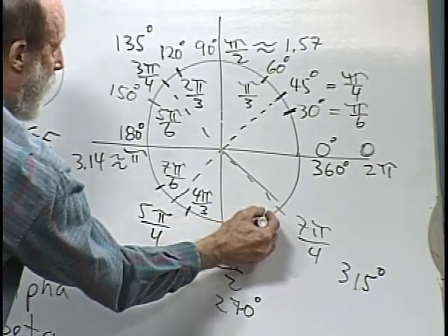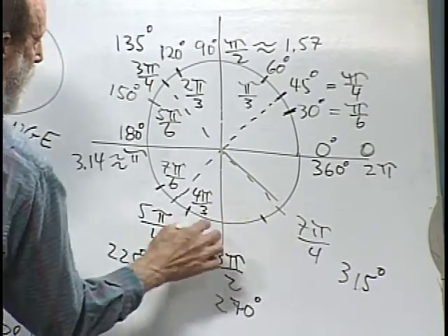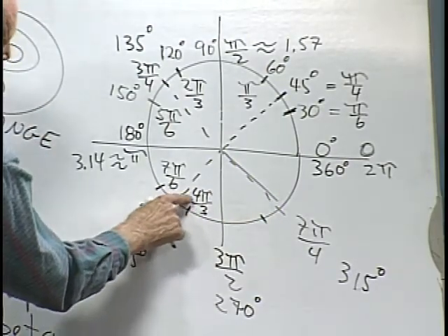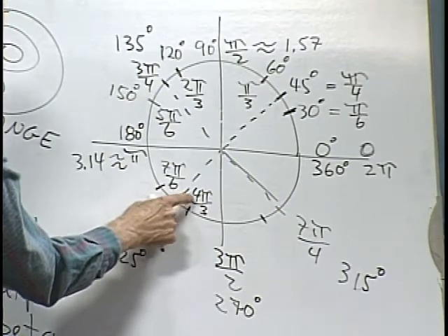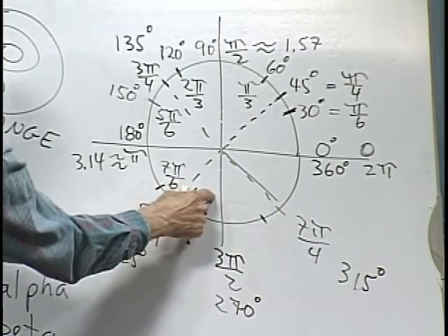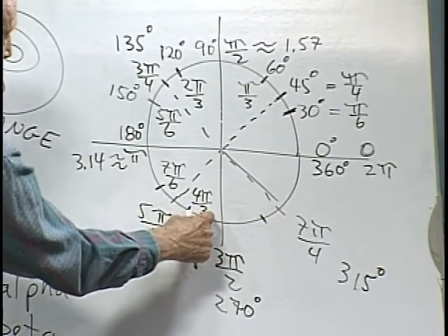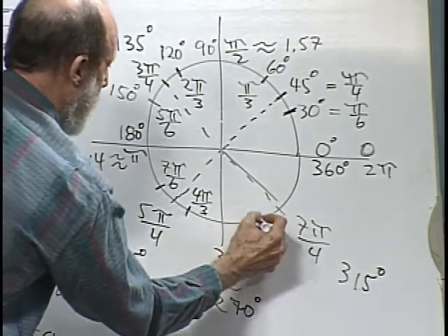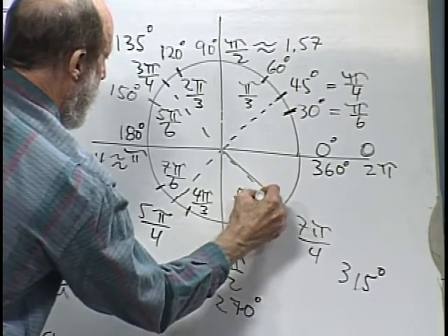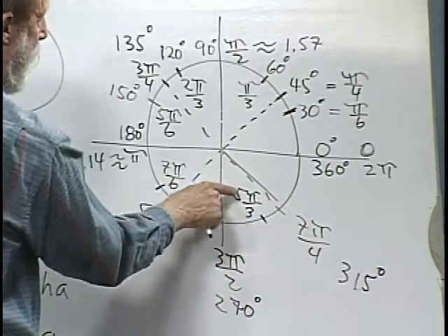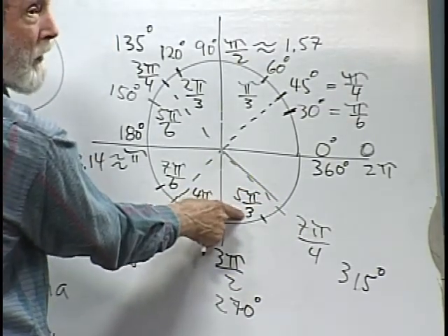10 pi over 6. Oh, look at this, this is interesting. 4 pi over 6. If I add another pi over 3 to that, I get 5 pi over 3. Or you can think of it as 10 pi over 6 and reduce it.